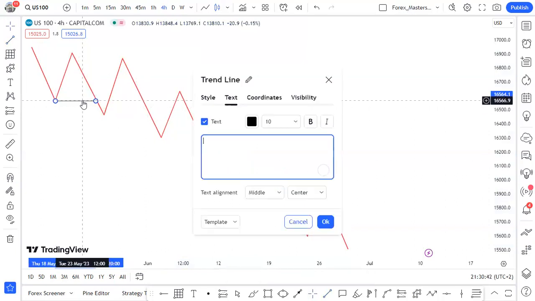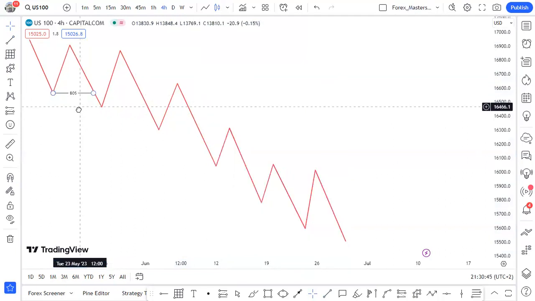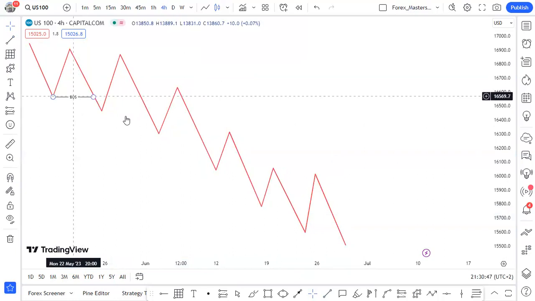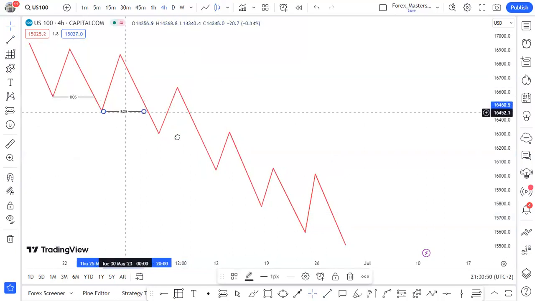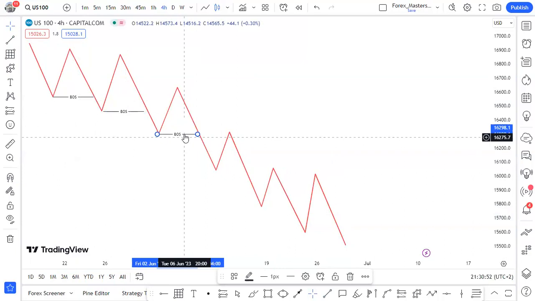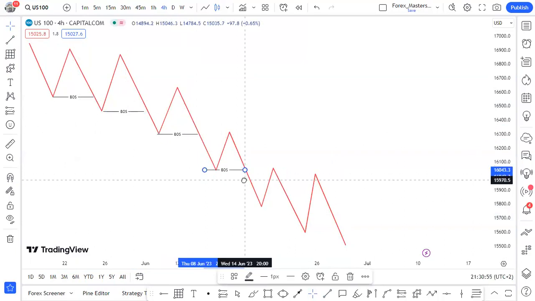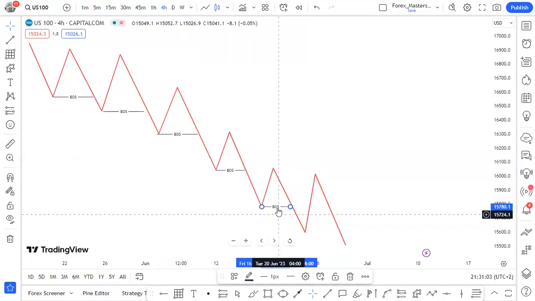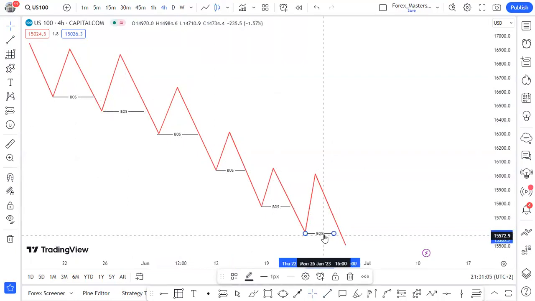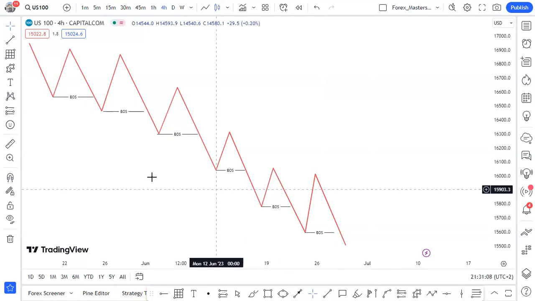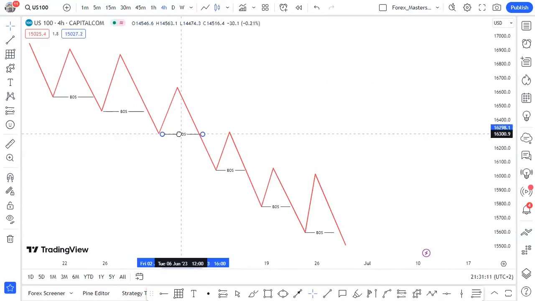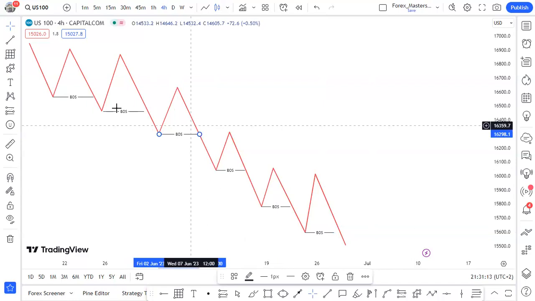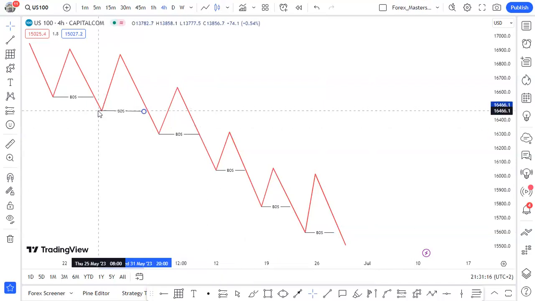So you can have a break of structure right there, and also another break of structure right here, and another, and another. For as long as price keeps on breaking the lows and respecting the highs, we continue to look for selling opportunities. That's the whole idea, and that's the whole purpose of this trading.